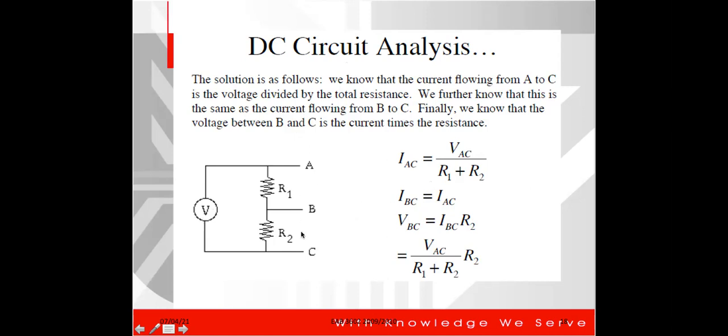For example, in this case, we can measure the voltage between B and C. The voltage between B and C is the current flowing here, the current in this circuit is all the same, I, times the resistance, which is R2.